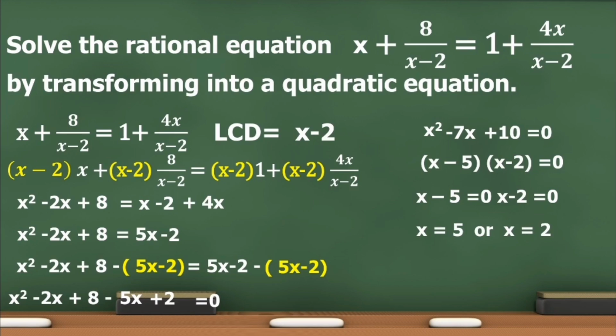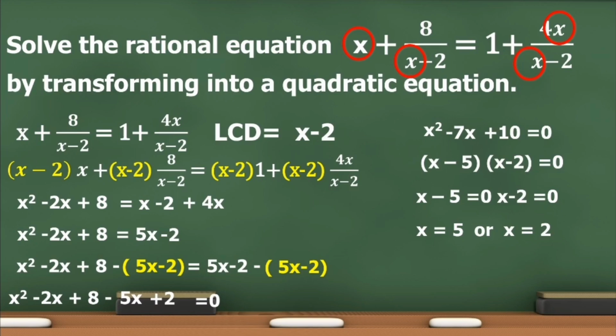Now, let's check whether the obtained values of x make the equation x plus 8 over x minus 2 equal to 1 plus 4x over x minus 2 true. So, substitute nyo lang class yung nakuha nating roots dito sa mga x. Sa example, so pag nilagay natin yung 5, magiging 5 plus 8 over 5 minus 2 is equal to 1 plus 4 times 5 divided by 5 minus 2.